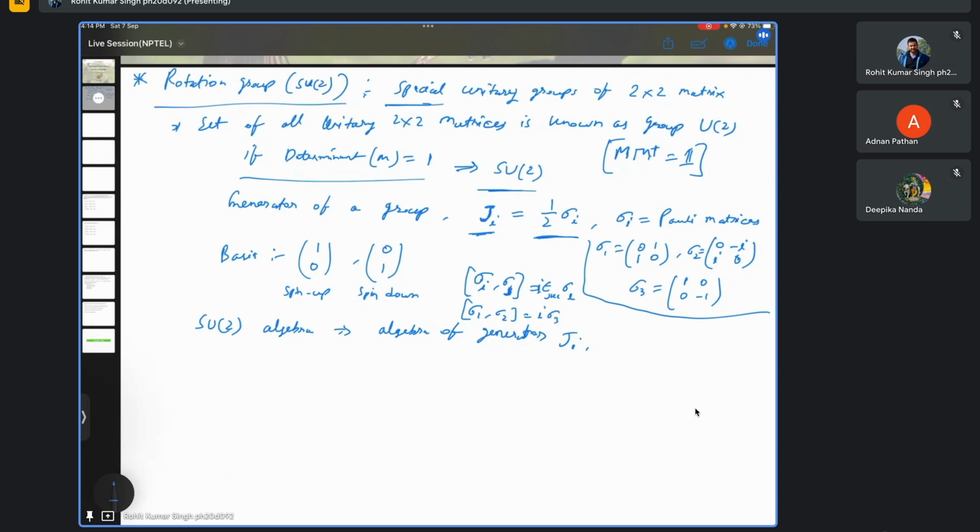Have you all seen this before? You can just try it, since sigma 1, 2, 3 are given here, to see if you get this.